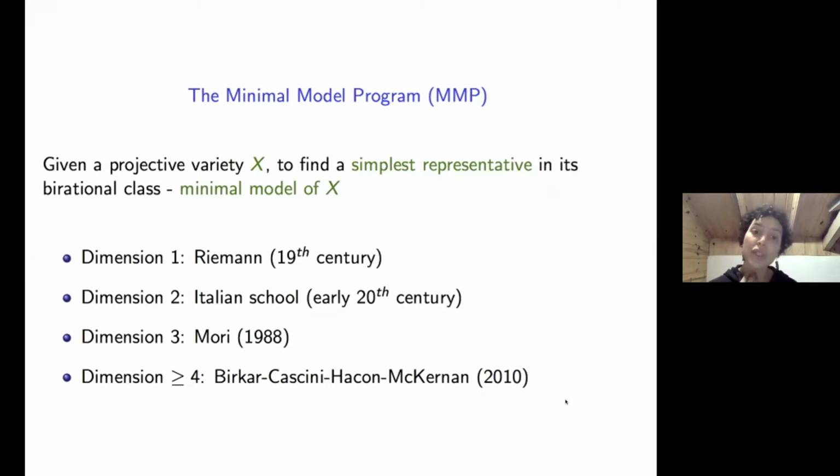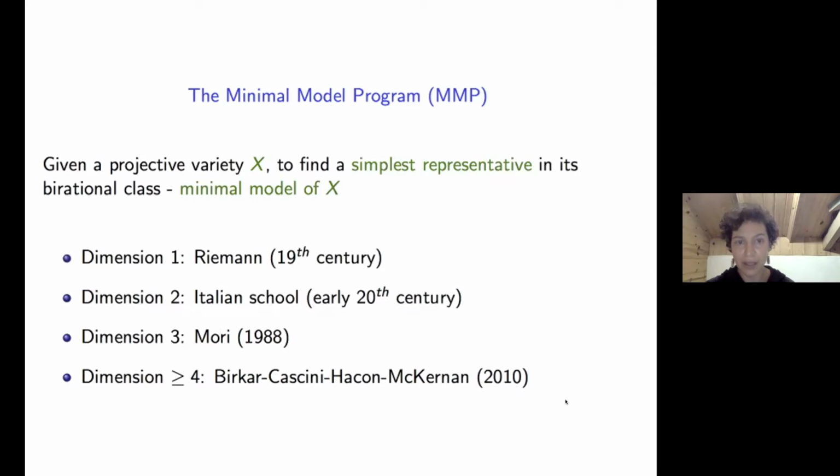In dimension 2, this was achieved by the Italian school in the early 20th century. In dimension 3, this was a big theorem by Mori in 1988, and this is what yielded him the Fields Medal in 1990, of course, with contributions of many other mathematicians. And in dimension at least 4, this is the work of Birkar, Cascini, Hacon, McKernan. The program is not complete in arbitrary dimensions, but there are enough results to have some classification scheme.